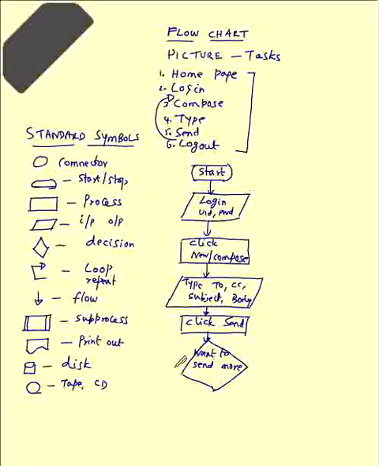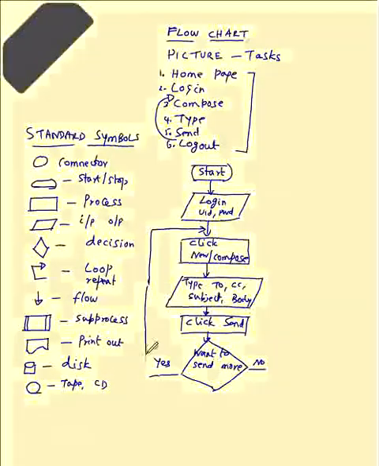The diamond always has yes and no, because in a decision you have got two possibilities. So I want to send more emails. Again, I don't have to do login once again. I can start from here, right? So put the arrow and make it join over here. So if you want to send more, again go back to this step, click new compose, it repeats.